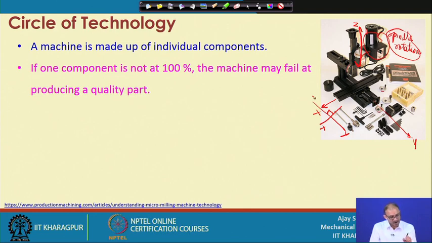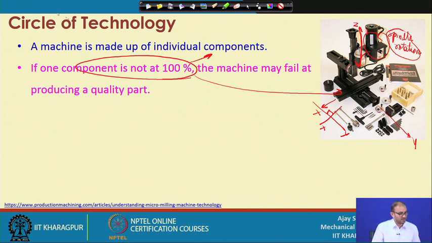So, to get a part completely 100%, you need a 100% output from all these components. That is why the circle of technology is important. That means each and every part should give 100% of the required operation, and only then can you get the things done.